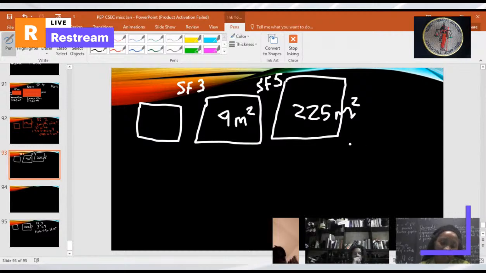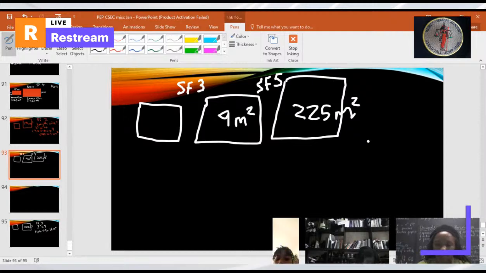She's going to explain how you got the 225, Imani. Miss, I know she did, but miss, I thought you would find the square root of the 225 meters squared after. Where would the 225 come from?